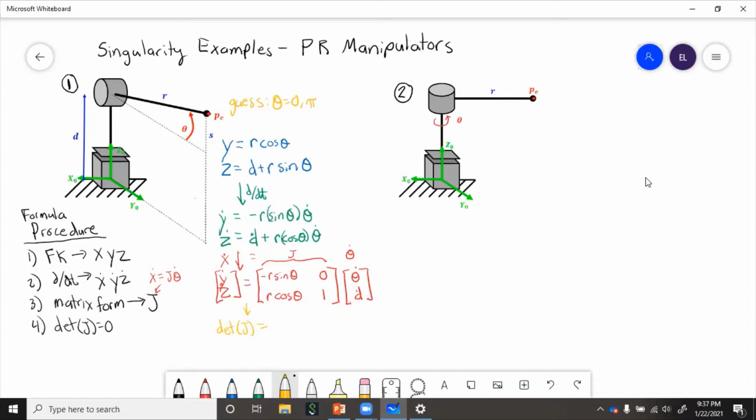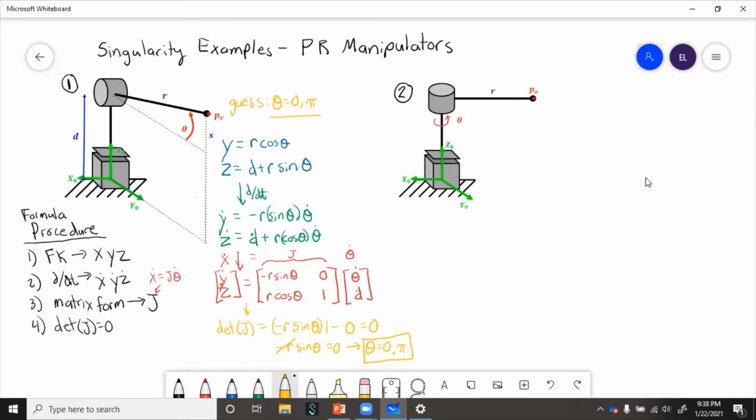So we'll have minus r sine theta times 1 minus this multiplication, which is r cosine theta times 0, which is 0. All that equals 0. So then we have minus r sine theta equals 0. Well, r is never going to be 0, so we get rid of that. So this is when sine theta equals 0, when theta equals 0 or pi. So this matches what we guessed up above.